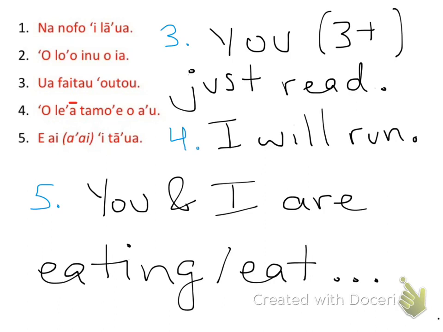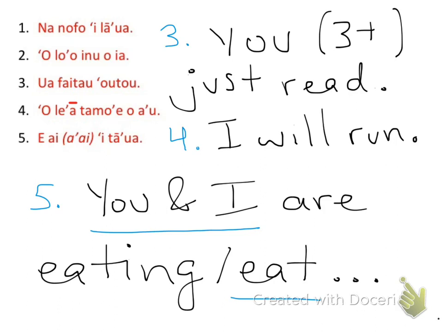So that's the difference. Correctly, it should be 'ī ī ta'ua'. But again, we're early on in the course, so don't worry about it too much. So 'i ta'ua' translates to one of two things. You and I are eating some kind of food. Or it could mean you and I eat.